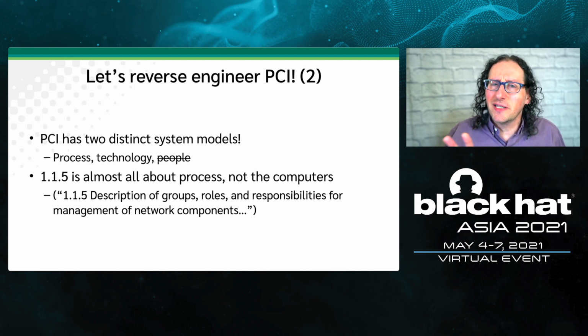It doesn't really seem to have much of a model of people, separate from the process that they're executing. And that's an interesting sort of thing when we talk about people's exhaustion with the process. But 115 turns out to be all about the process, right? We have a description of the groups, roles, and responsibilities that we're looking at.